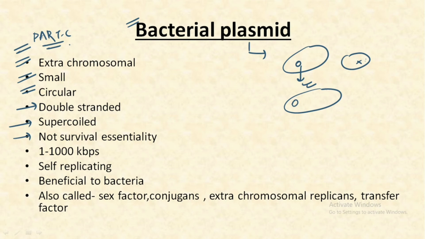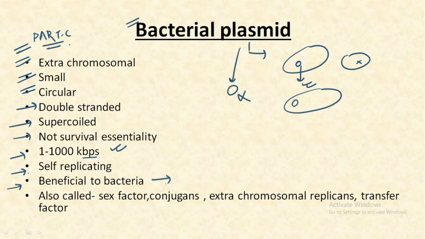That means the plasmid is not an essentiality for bacterial survival. The bacteria can survive in the absence of the plasmid. Talking about the size, it is mostly 1 to 100 kbps, that is kilobase pairs. It is self-replicating. It provides benefits to the bacteria, but it is not an essential component for survival.